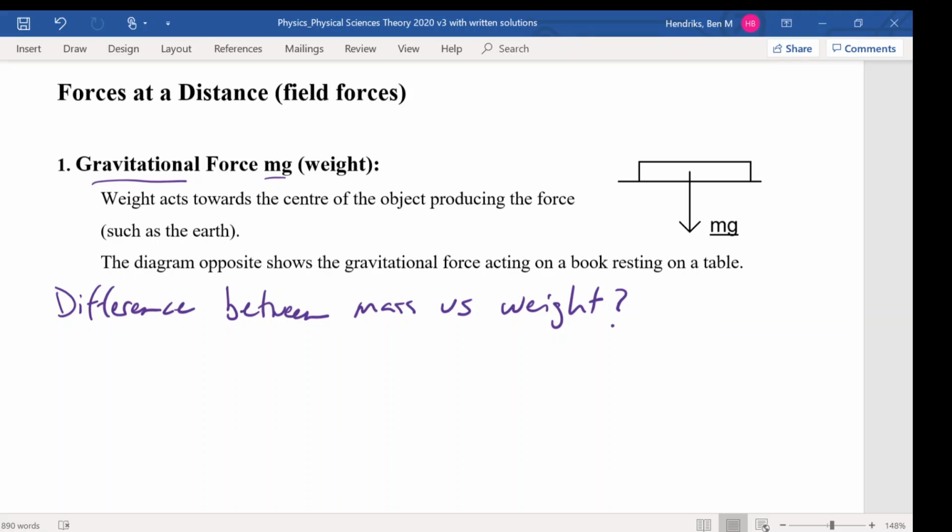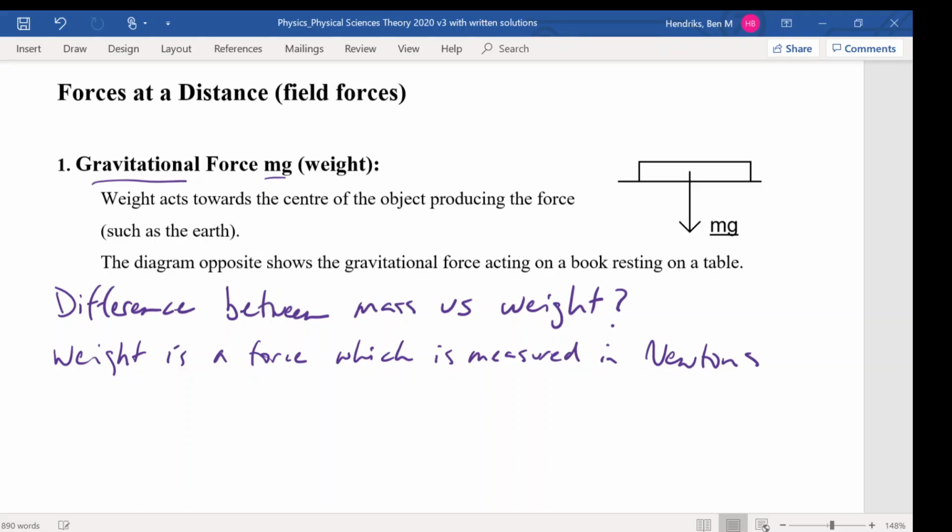So the difference between mass and weight is that weight is a force, which is measured in newtons. And mass is measured in kilograms.